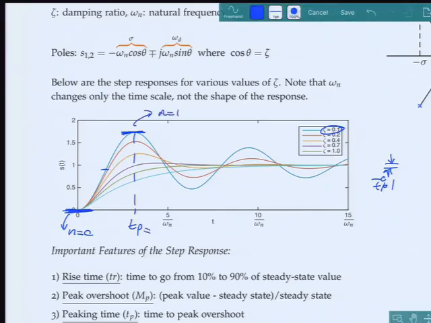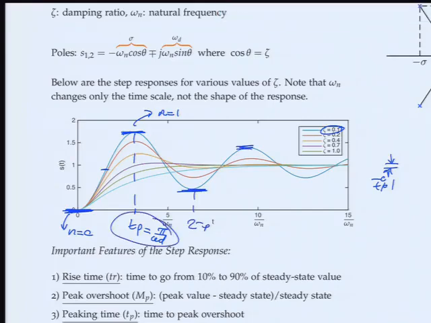So therefore, this Tp is pi over omega d. All right? And the next time would be this, which is twice Tp. And this is 3 times and so on. But again, what we're interested in is this one. Okay? And there you go. We already have a solution for the peak time. It is pi by omega d. It's as simple as that.